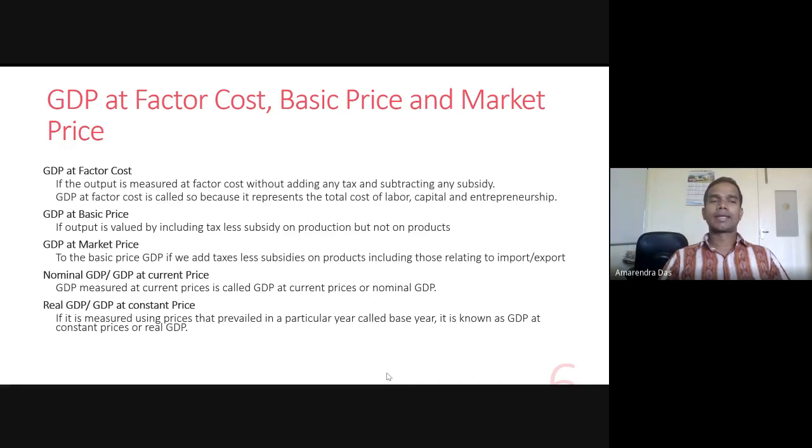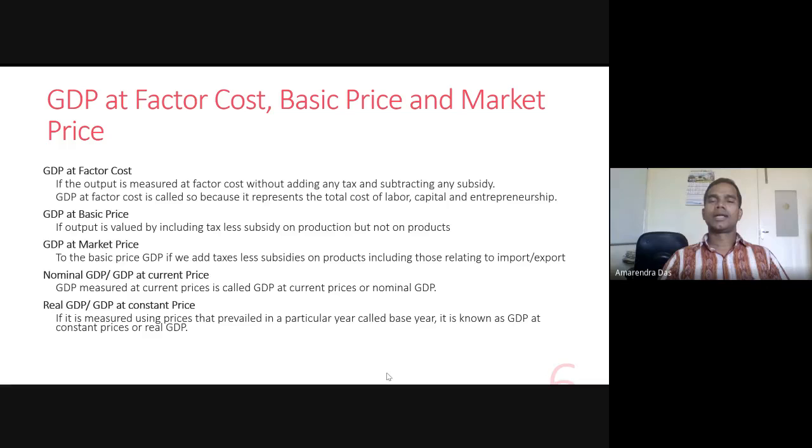And then GDP at basic price. If the output is valued by including tax, less subsidy, on the production but not on the products. So remember, the union government imposes the union excise, or you can say the tax on the production. In the present regime, the union government imposes union GST on all the products. Now that union GST is nothing but the tax on the production.